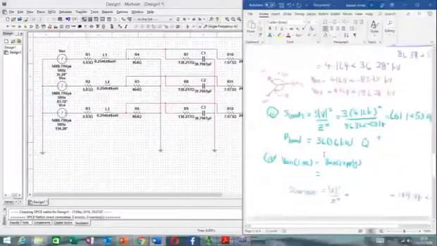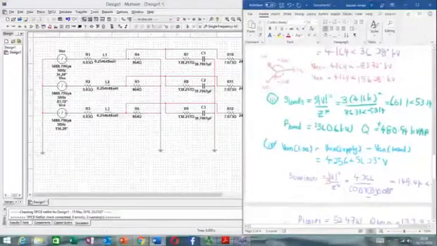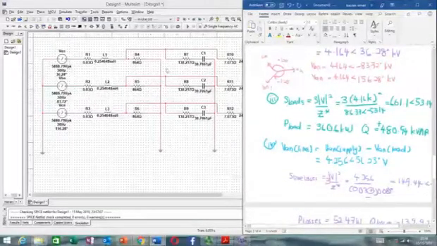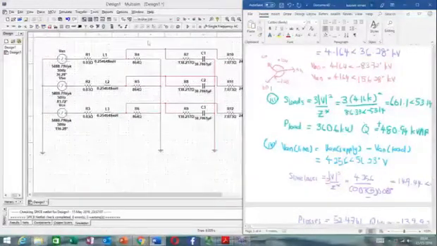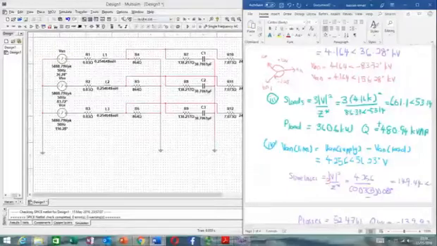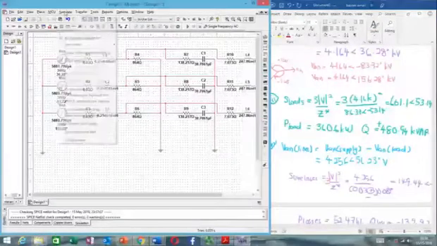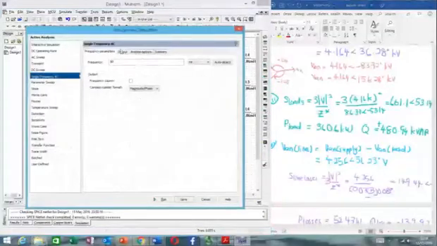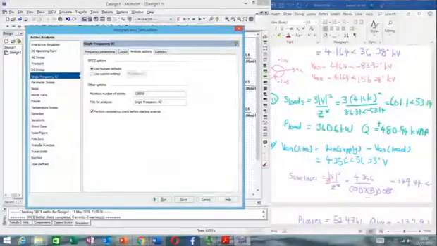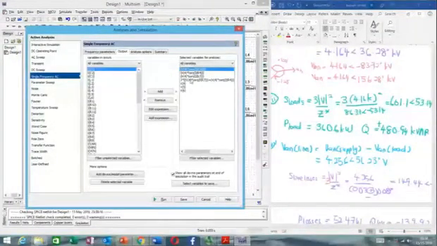Okay, so next, to measure the S at load, you can write the equation here.